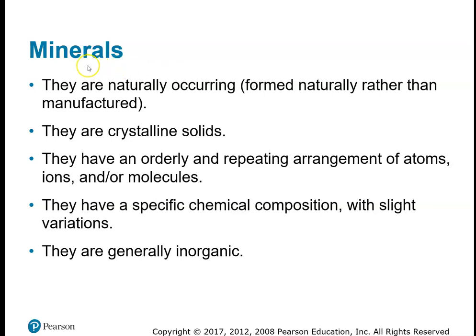But that actually is technically not considered a mineral, because it's not an orderly crystalline structure. It's kind of what we would consider amorphous. Glass doesn't have an overall crystal shape. And so that technically would not be considered a mineral.